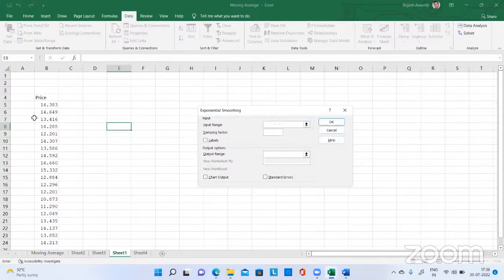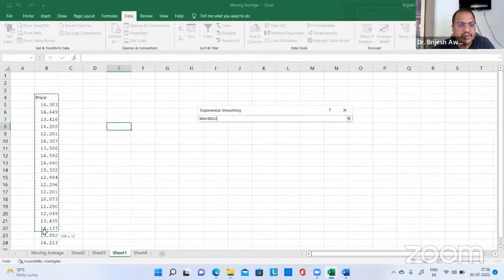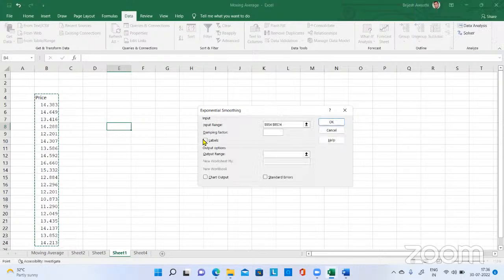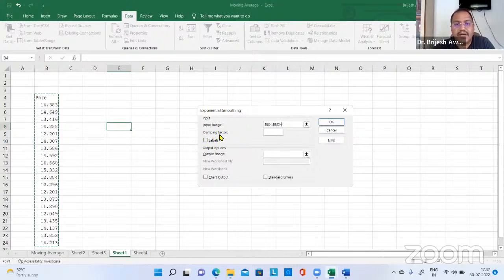Now, this is our input range. And next is the damping factor. What exactly is the damping factor? Just wait for two minutes, I'm going to explain. Right now my damping factor is 0.5. Because in my selection I have selected the label, I want the output here only.